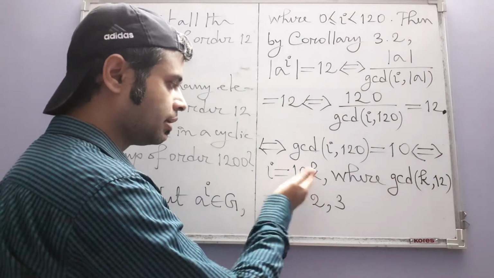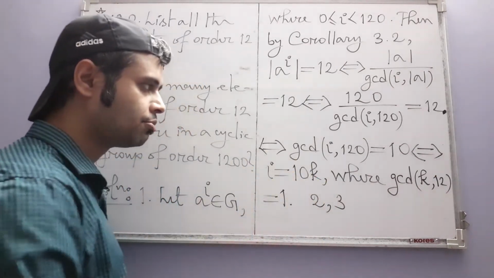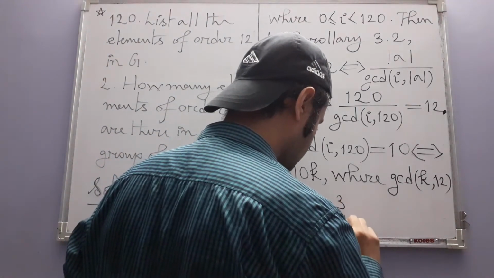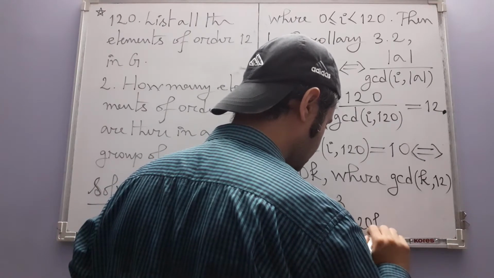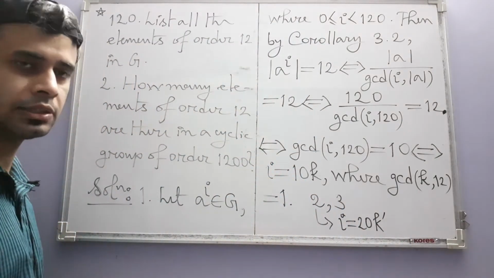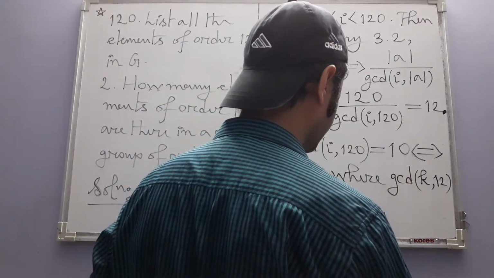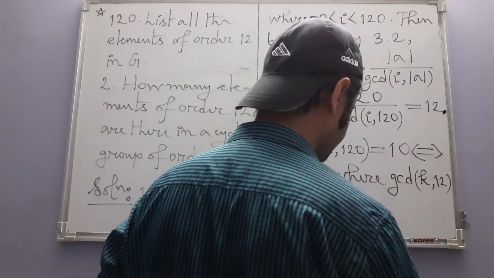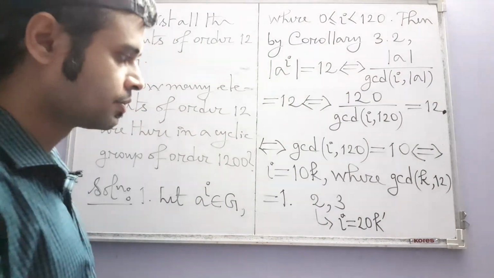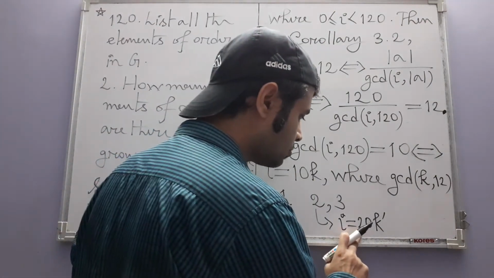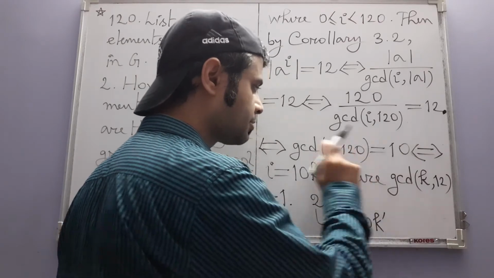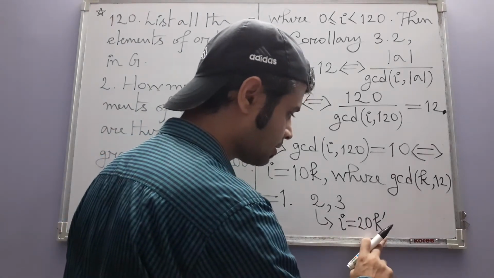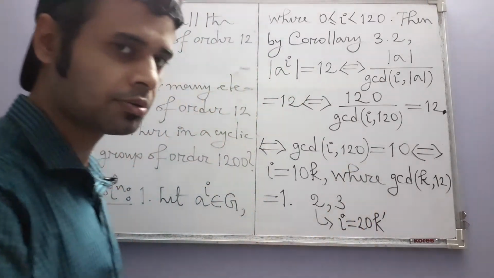If 2 divides k, then i actually is a multiple of 20, right? In that case, i will be of this form, 20k' for some integer k'. Now in that case, what do we get? Let us see. 20 divides i as well as 120, because now i is of this form, and 120 anyway is divisible by 20.